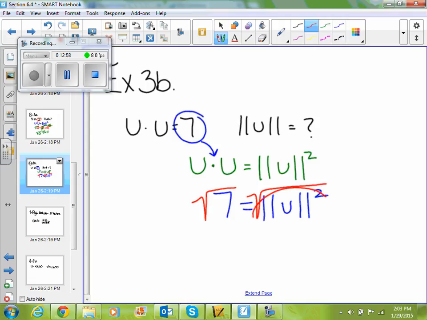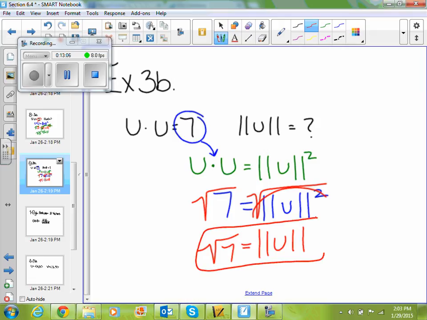Take the square root, so my squared and square root cancel. I end up with the magnitude of u equals the square root of 7. Okay, so also pretty straightforward.